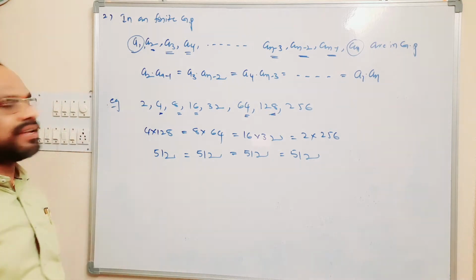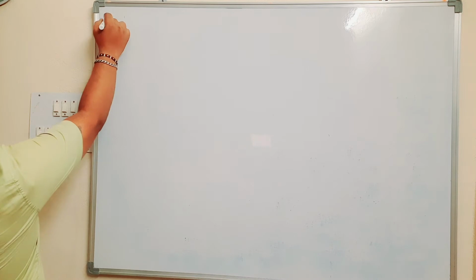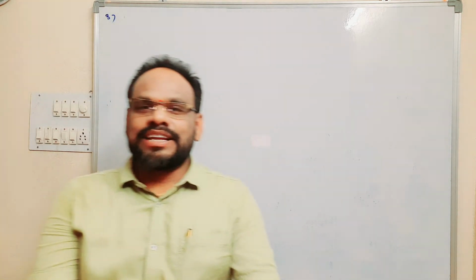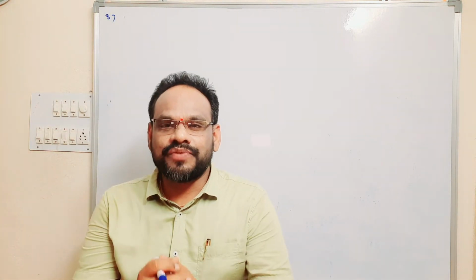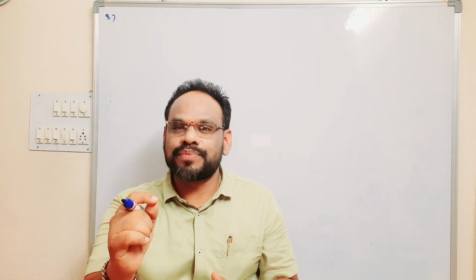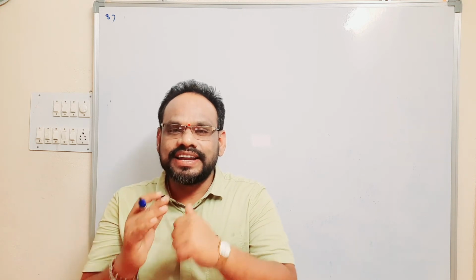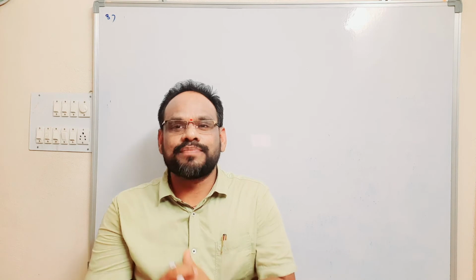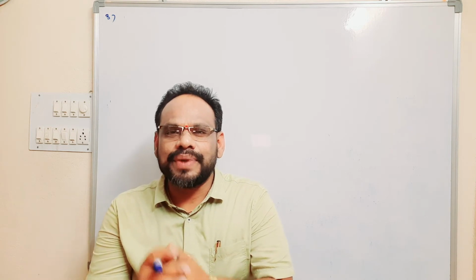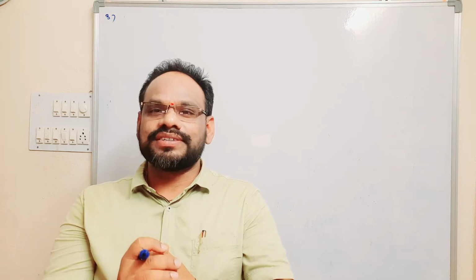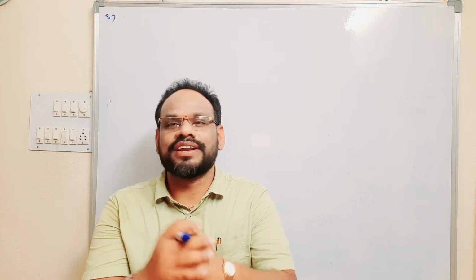Next, the third property. If we multiply or divide each term of a geometric progression with common ratio r by a non-zero constant number, then the resulting sequence will also be a geometric progression.